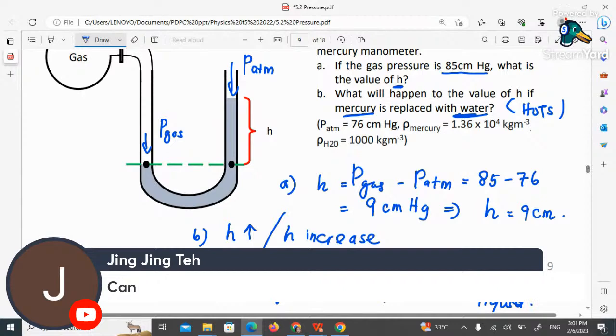Relationship density dengan H inversely proportional. Okay, denser, H shorter. Okay, ini yang dah belajar sebelum ni konsep ni. Okay, so that one is for topic gas pressure.